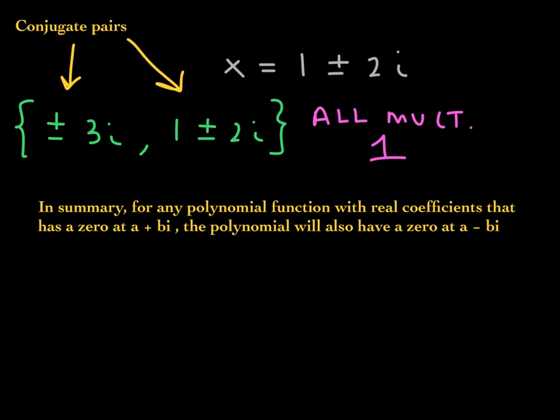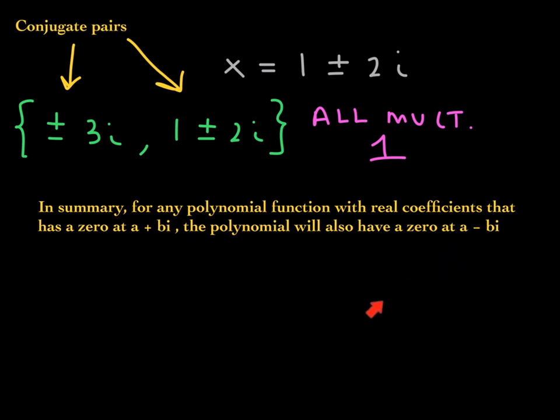So in summary, for any polynomial function with real coefficients that has a 0 of a plus bi, the polynomial will also have a 0 at a minus bi. Remember, a conjugate just changes the operation. So if it's addition, then it's subtraction.